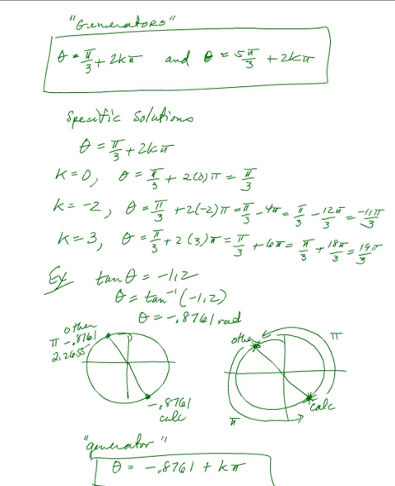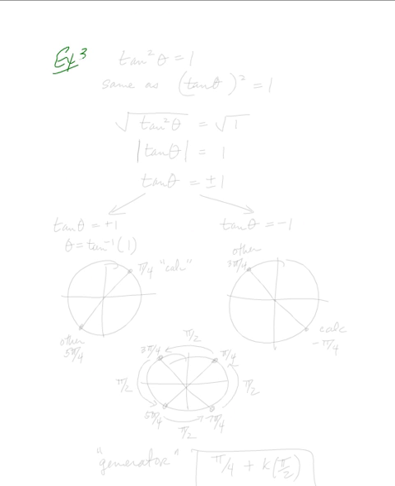Let's take a look at another example. Tangent squared of theta equals 1. Now I just want to point out this is the same thing as tangent of theta squared equal to 1. So therefore what I want to do to start solving for theta is to take the square root of both sides.